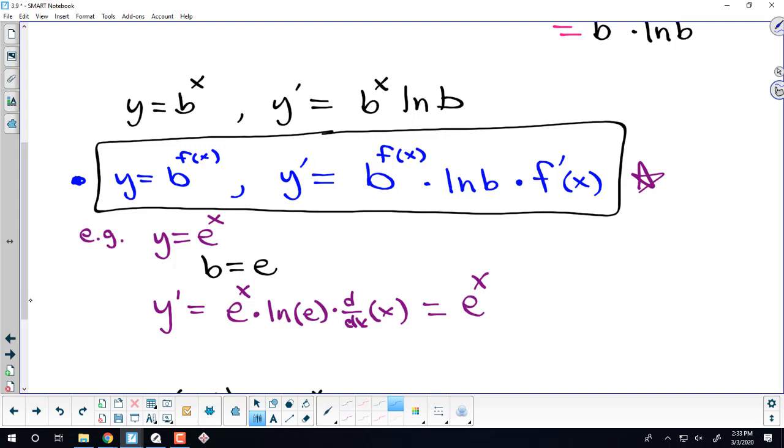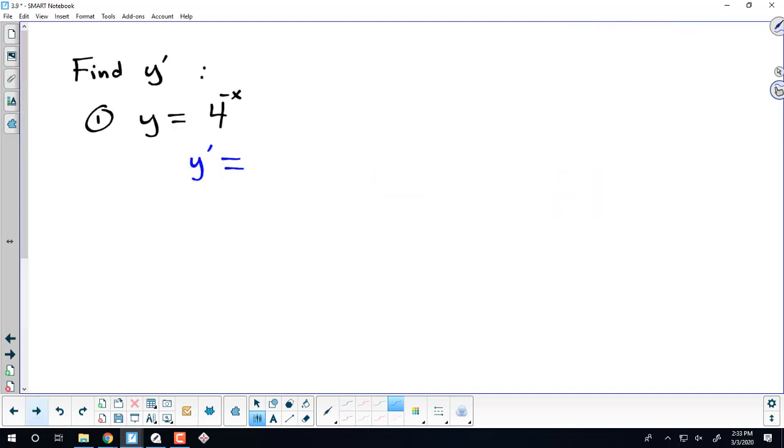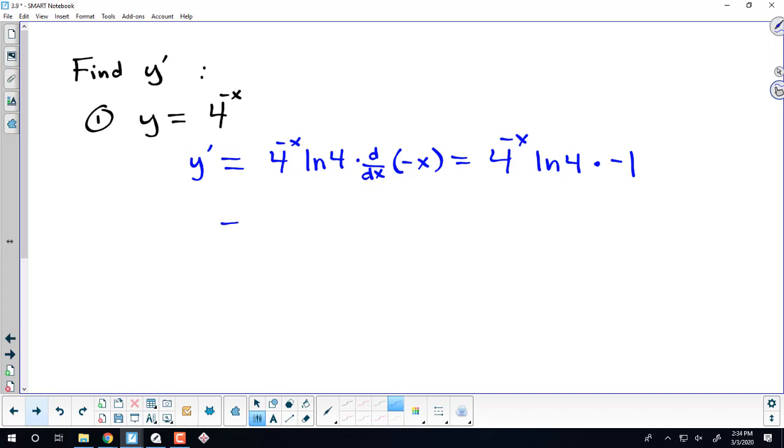This time our function is just negative x. So we have the derivative is 4 to the negative x times the natural log of the base times the derivative of negative x, which is negative 1. So 4 to the negative x, ln 4 times negative 1. And so typically you'll see that as negative of 4 to the negative x, ln 4.